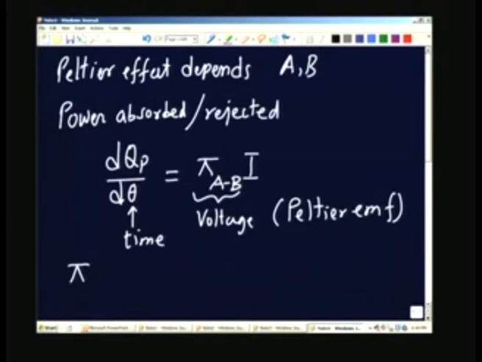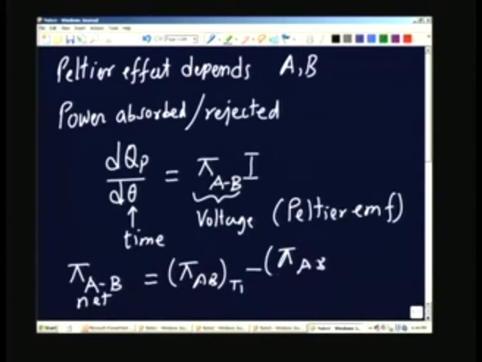And therefore, I can say that the Peltier EMF net, I will call it net, must be equal to pi AB at the junction at temperature T1 minus pi AB at junction T2. Whichever is positive, whichever is negative, that automatically will take care of the signs. So, the net Peltier EMF generated or involved in this process of absorption of heat and rejection of heat is given by the simple formula, which I will label as 1.